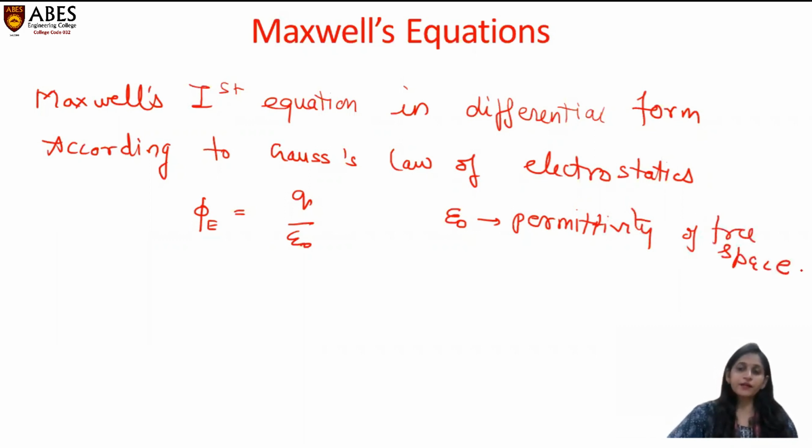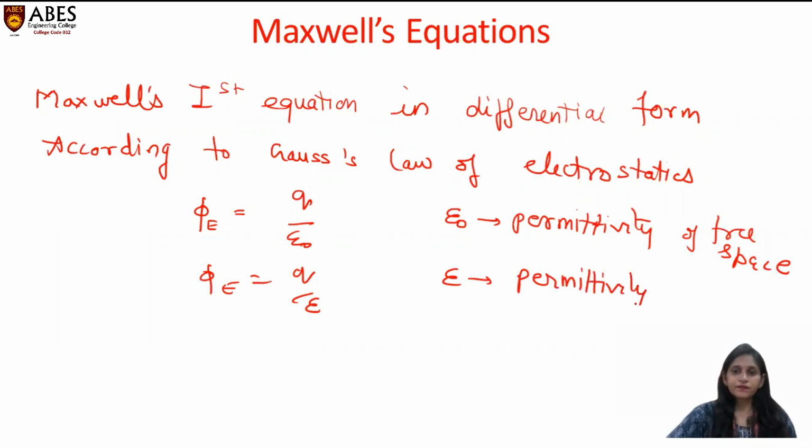And if we talk about any medium, then phi E is equal to Q by epsilon, where epsilon is the permittivity of that medium.